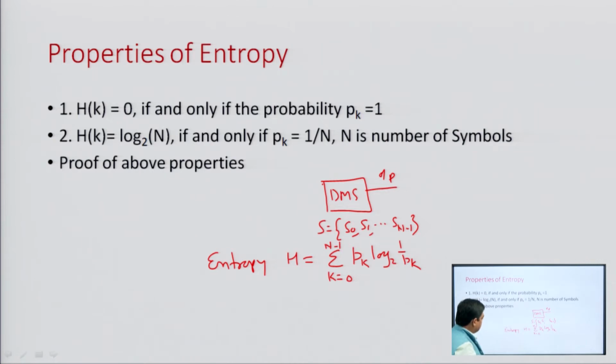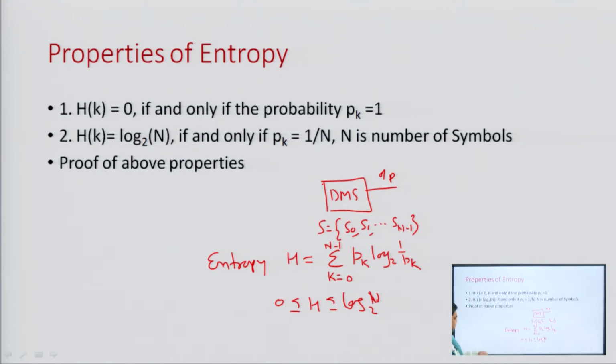This is the entropy of the source S, and Pk is the probability of every symbol, that is P0 is the probability of symbol S0, P1 is the probability of symbol S1 at the output. So, we can calculate the entropy of the source in this way, and as per the property we have discussed, this entropy is bounded in the region 0 to log base 2 of n.